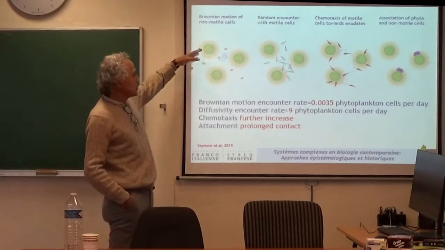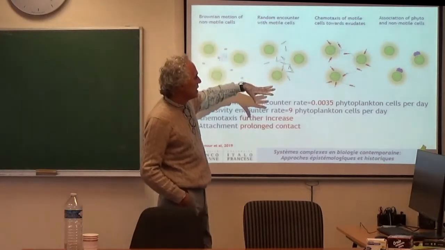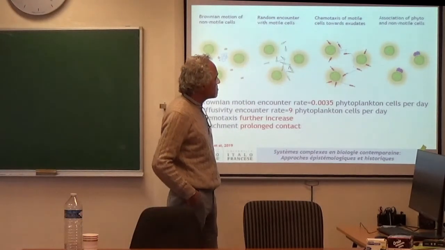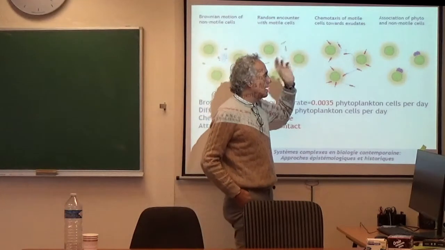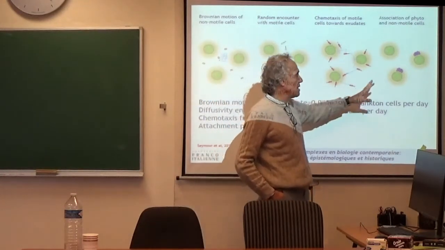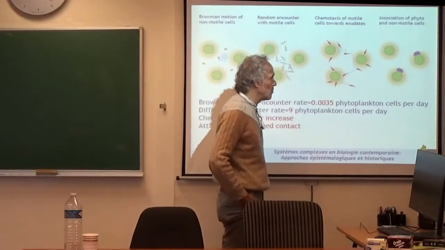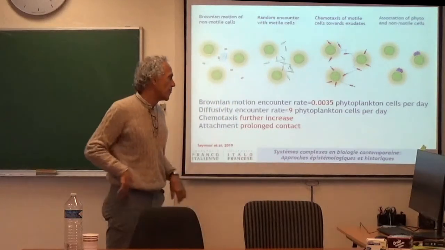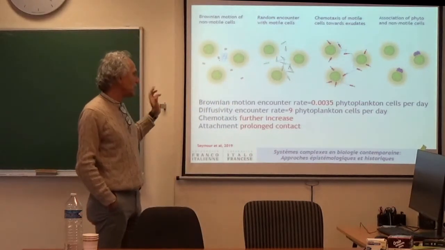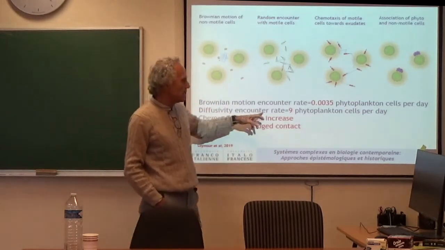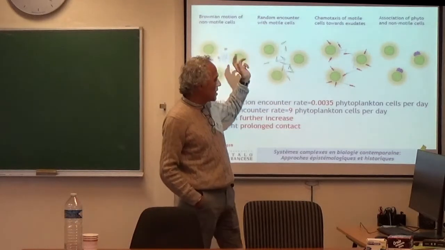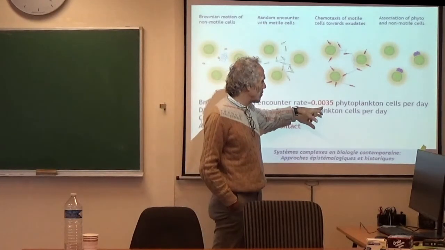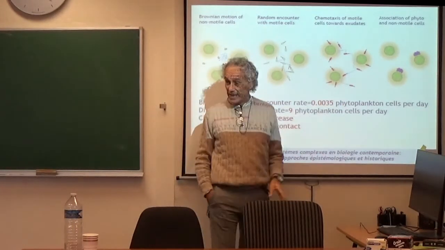We know several possibilities by which bacteria can access the phycosphere. There is Brownian motion, random encounter with the cell, swimming, chemotaxis, for which bacteria are quite known, and finally, probably the most effective one is direct attachment to the cells. But still, if it is just Brownian motion, the encounter rate is in the order of 0.0035 cells per day.